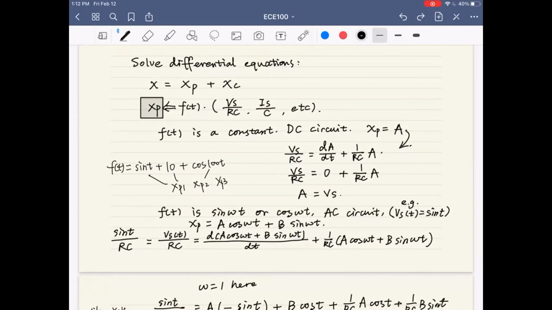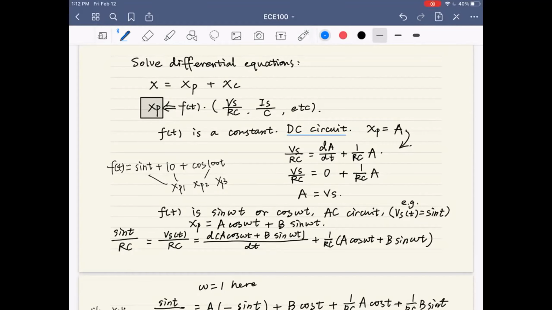And it is not that difficult because we only have two situations. The first situation is the DC circuit. For the DC circuit, if you're confident enough or you're short on time, you can use the shortcut technique I introduced just now.